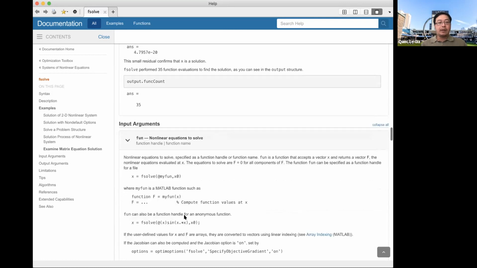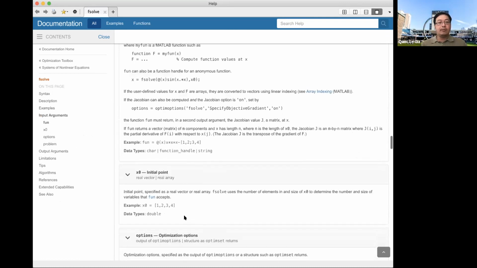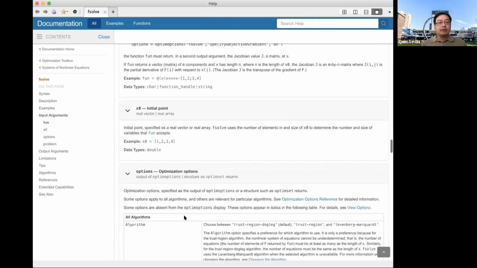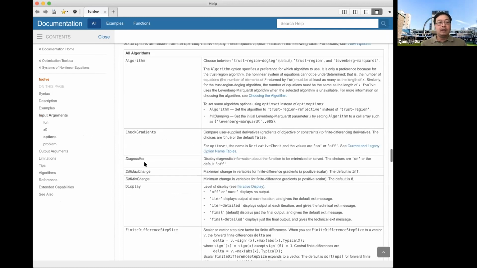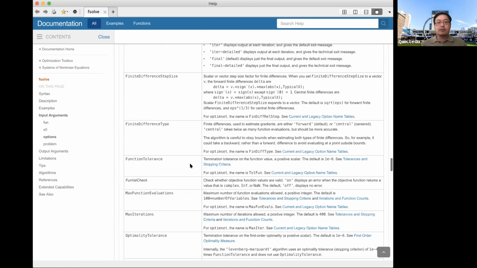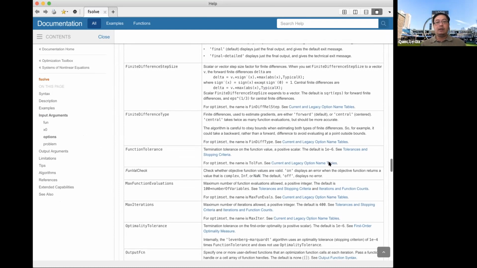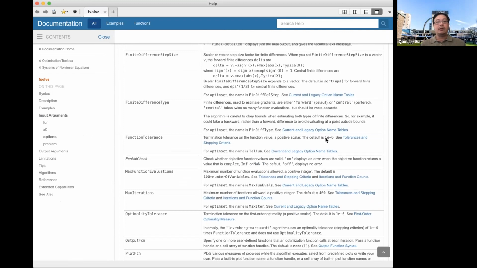I believe that there is an option to improve the accuracy, maybe function tolerance. So this function tolerance, the default is only 10 to the minus 6. So you can improve the accuracy by decreasing this number.